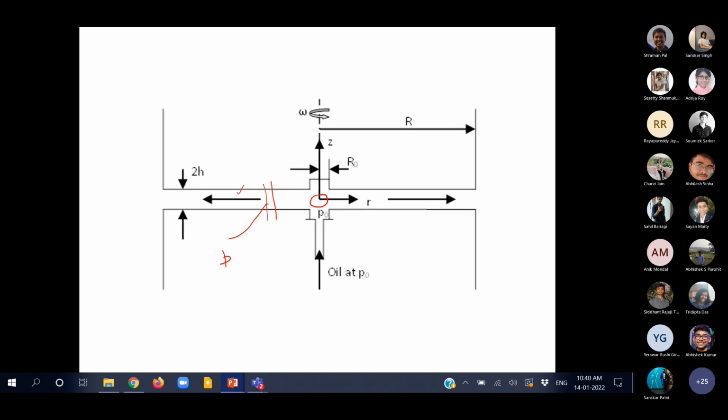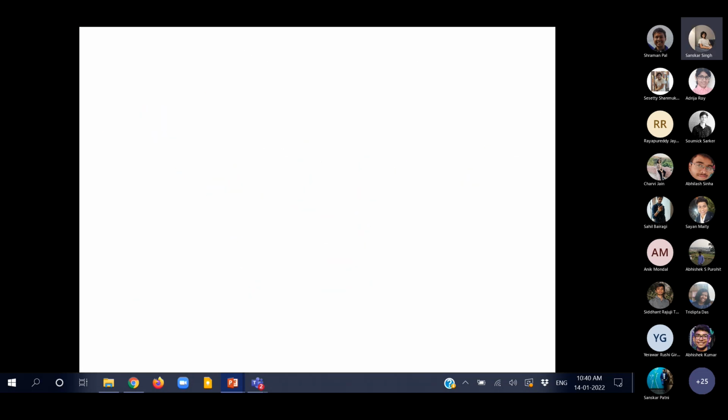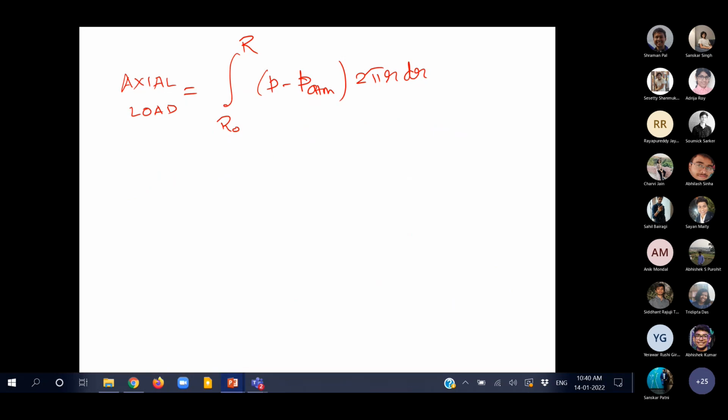P naught minus P atmosphere, because we always express in terms of gauge pressure. So this would be the total expression for the axial load. And we assume that the pressure is uniform from 0 to R naught, which is P naught.